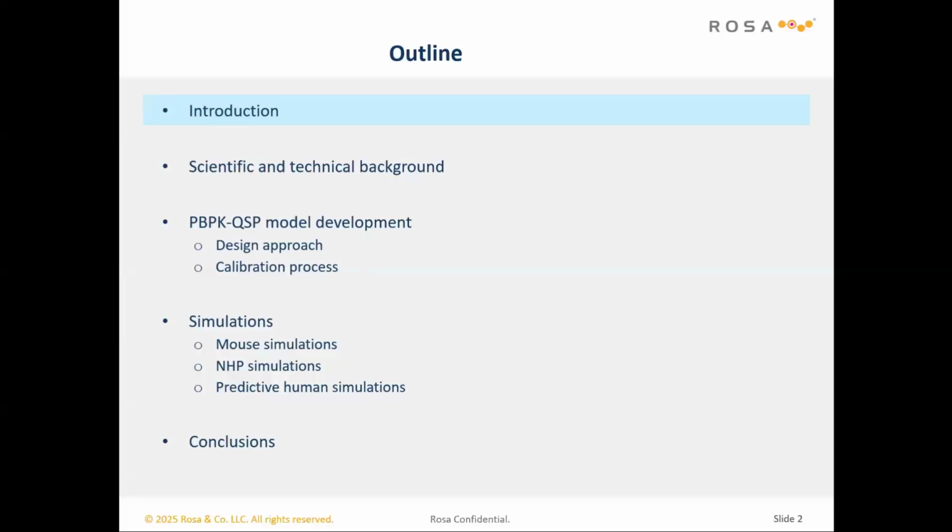Then we're going to show how we develop this PBPK QSP model. After that, we'll show some simulations and the data we use for mouse simulations, NHP, non-human primate, and some human simulations for predictive purposes, just qualitative simulations. And then we finalize with some conclusions.